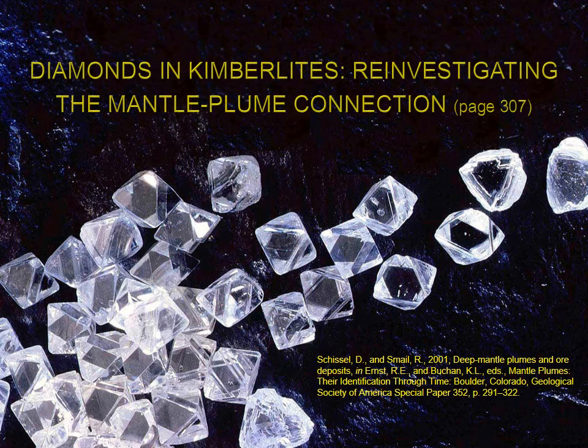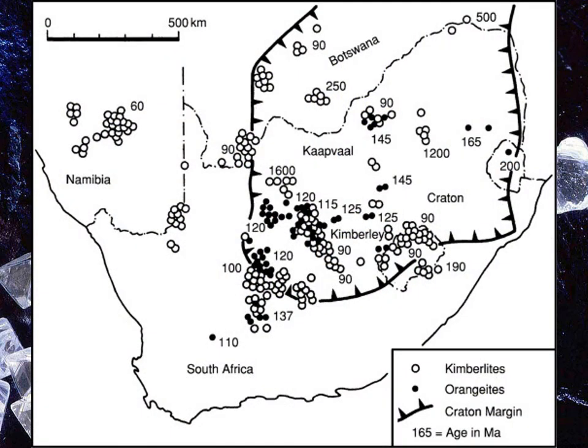Shishel and Smale, 2001, in their article Deep Mantle Plumes and Ore Deposits, mention that diamonds in kimberlites are connected with mantle plumes. This is the known distribution of kimberlites in southern Africa. There are many such maps available.